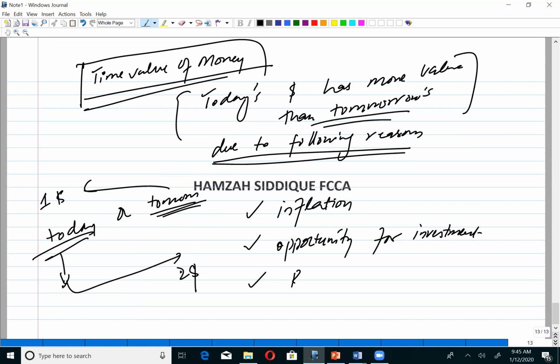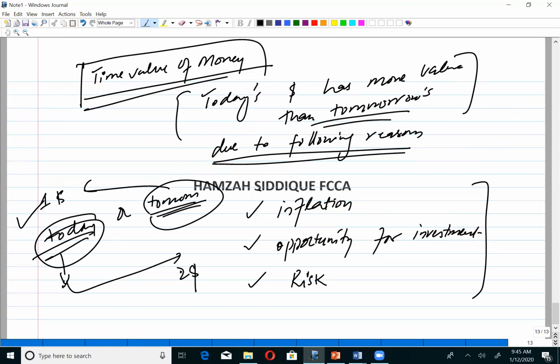And the third is risk. Today it is sure you are getting it, but tomorrow it is uncertain. Unknown risk is there. So time value of money exists because of these three factors.